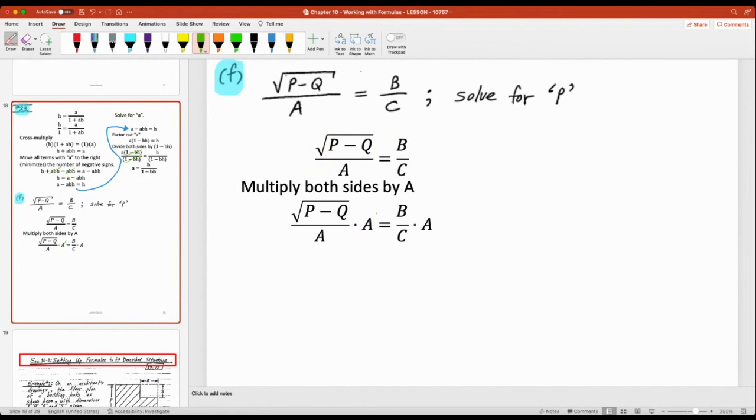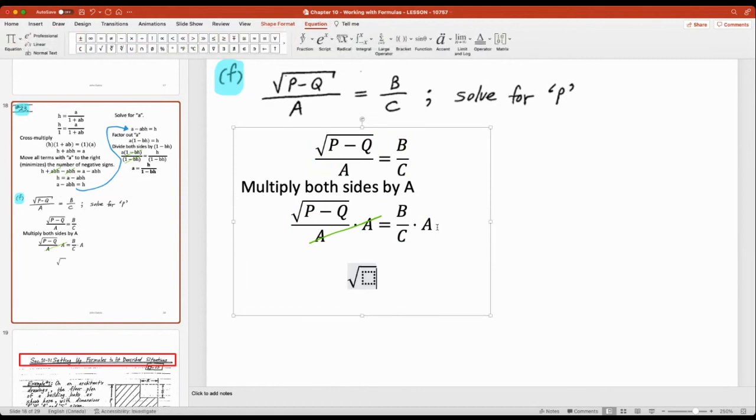If you do it the other way by cross multiplying, it'll add one extra step. So that's why I'm doing it this way, because we can learn from our experience and build up more efficient answers. Now what's happening over here is we have B over C times A. I'll just organize that a little bit better like this.